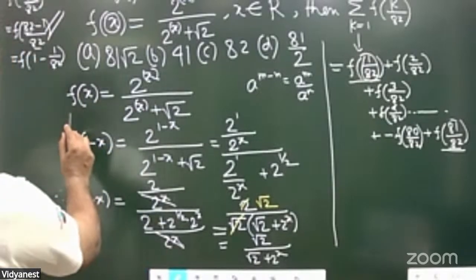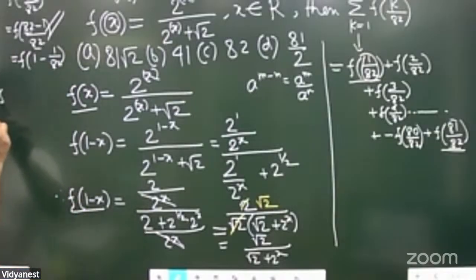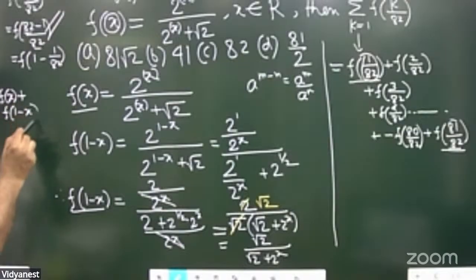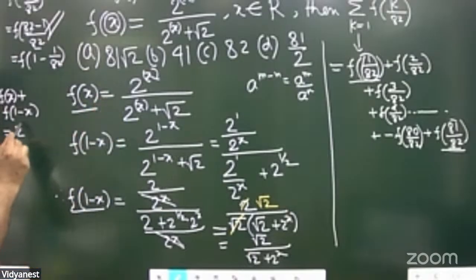I will add f(x) and f(1 minus x) and see the outcome. f(x) plus f(1 minus x), that is what? 2 to the power x plus root 2.